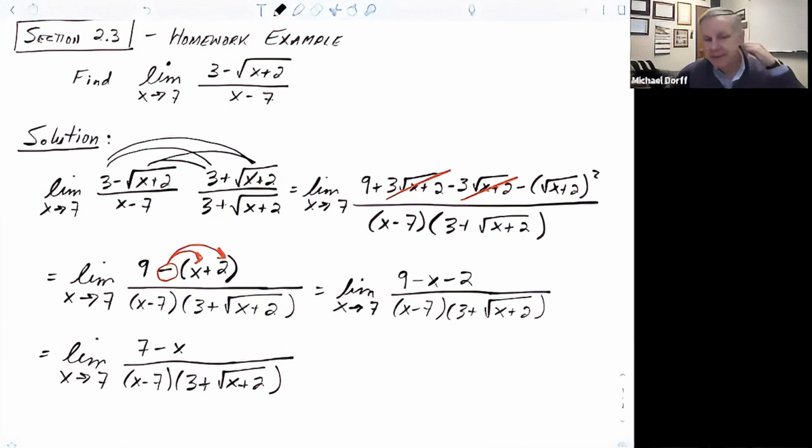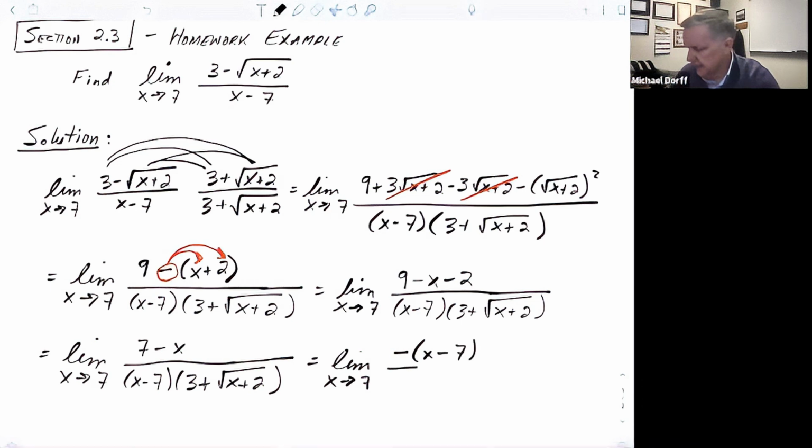Well, I have an x minus 7 in the denominator, but not in the numerator. But I can get that by factoring out a negative 1 in the numerator. So the top is equal to negative parentheses x minus 7, and then I write down what I have in the denominator.